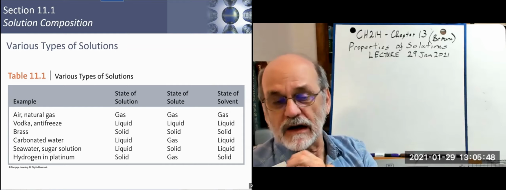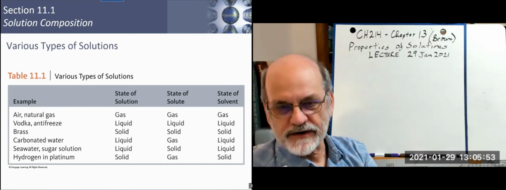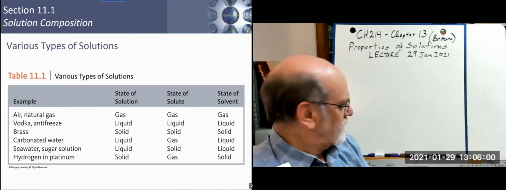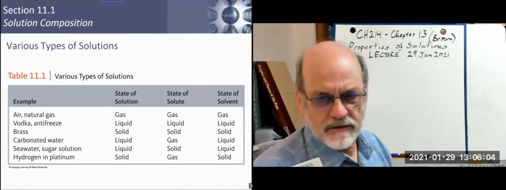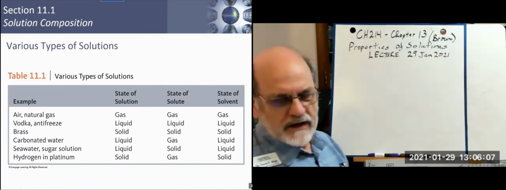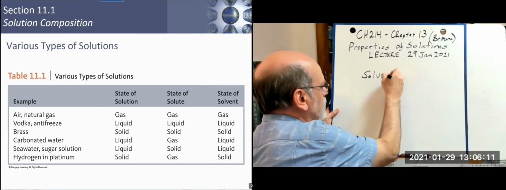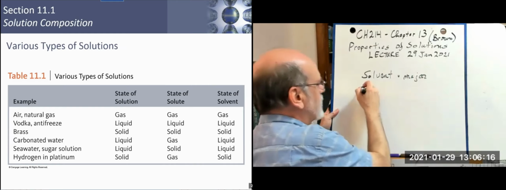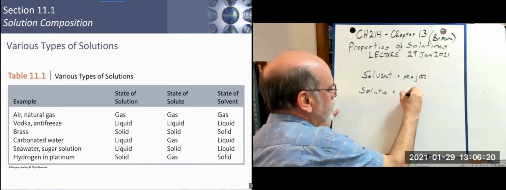But these components can be in various states. And the other, by definition of our terms here, the solvent is the major component, and the solute is the minor component.